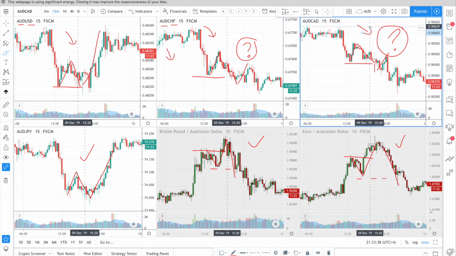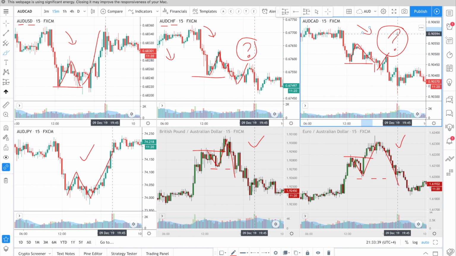If there were checks on everything but this one, you're like, I'm not sure why this is not going up. That means something is happening with the Aussies, is why even though all of them are pulling back, Aussie CAD is like, no, not me. At that moment, CAD might be moving aggressively, and that's what's holding that market.